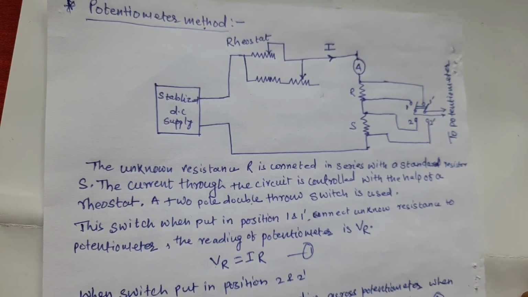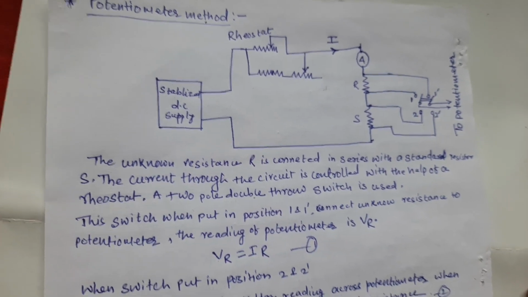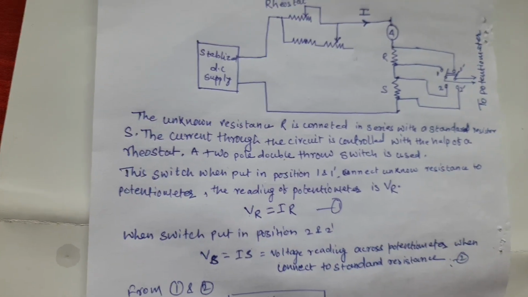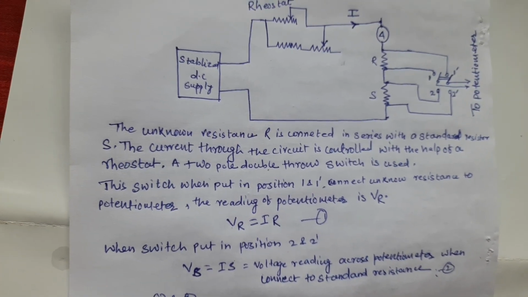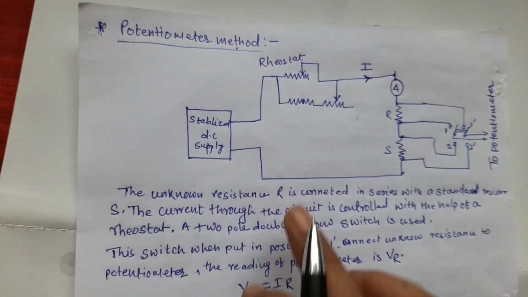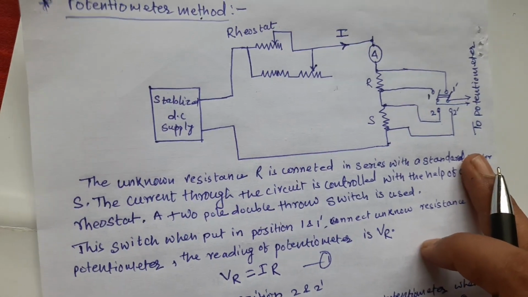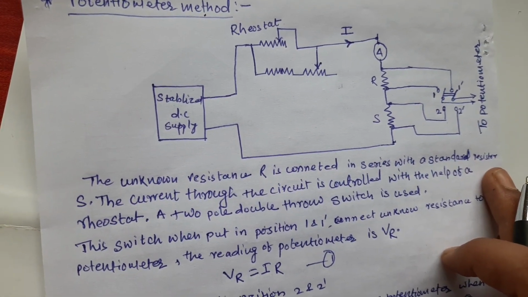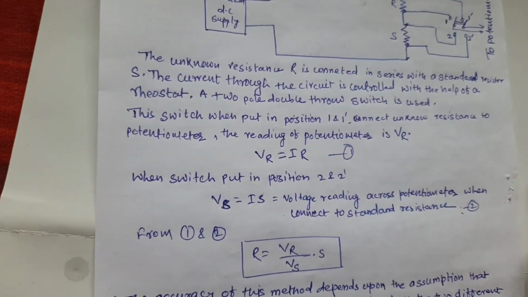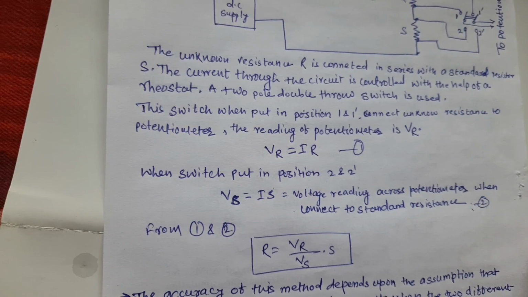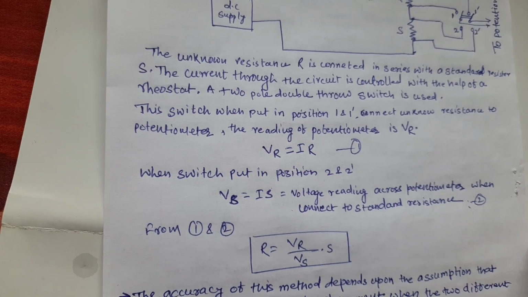A two-pole double throw switch is used. When you put this switch in position 1 1 dash to connect the unknown resistance to the potentiometer, then the reading of the potentiometer is equal to VR, that means VR is equal to I into R. When the two-pole throw switch is connected in position 2 2 dash, then the voltage across the potentiometer is equal to I into S. That means the voltage reading across the potentiometer connected to the standard resistance.